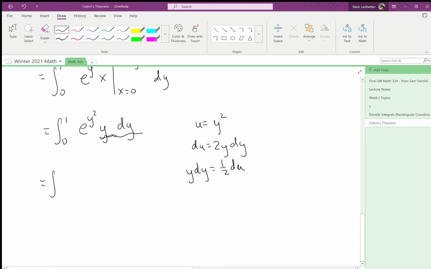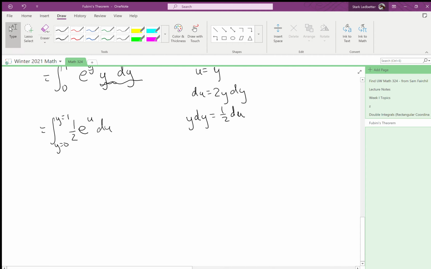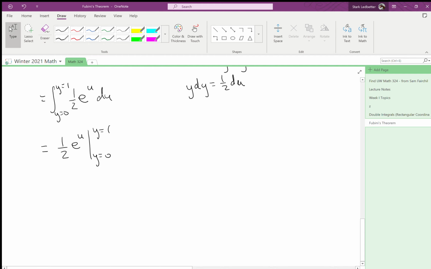so you have a choice. You can either switch the bounds or you can leave them. I'm going to leave them. I think that's less work. It's up to you. This is e to the y squared, now e to the u. y squared is u, and then I have a 1/2 du. Okay, so I'm going to integrate. I get 1/2 e to the u. The integral of e to the u is just e to the u. And then I've got to switch back. u was y squared.